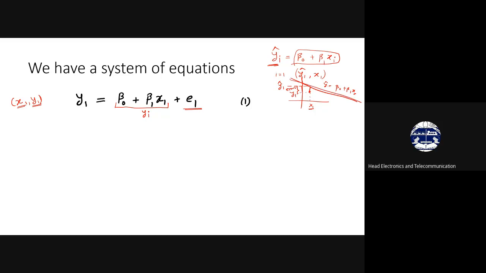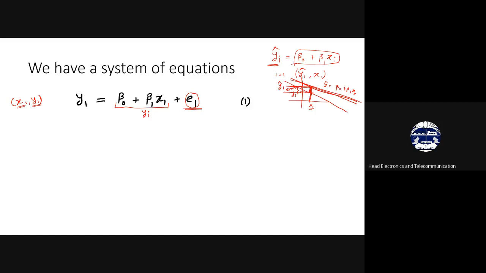If my line is passing through this point, then there is no error because it will predict perfectly. But since the position of the line is here, my prediction is here. So that much error is in my estimation, and that is indicated here by E1.